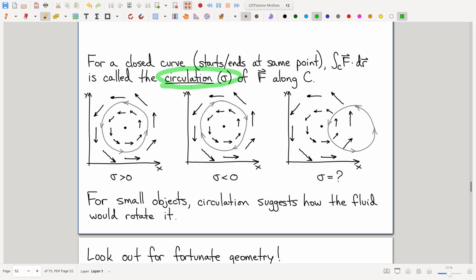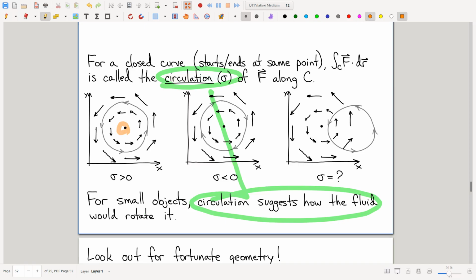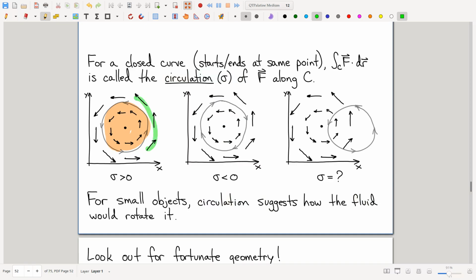But our punchline on that was circulation suggests how a little leaf, I like to think of a leaf, but some floating object in the fluid, would rotate. Because if you have a fluid flowing around something, that's what would make that thing rotate. So circulation definitely represents a certain amount of rotation in the fluid.